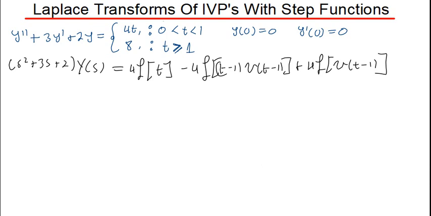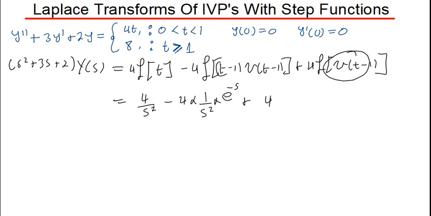Okay, so for this part, I just end up with 4 over s squared. Then for this part, I'll say my minus 4 multiplied by 1 over s squared multiplied by, for everything here, it's just simply going to be e to the minus cs, but in this case my c is 1, so that's just e to the minus s, plus 4.